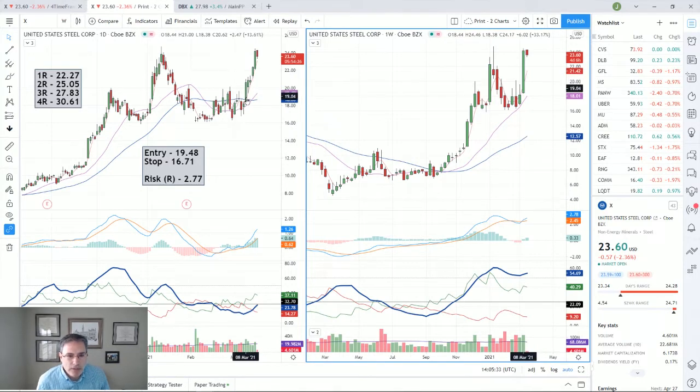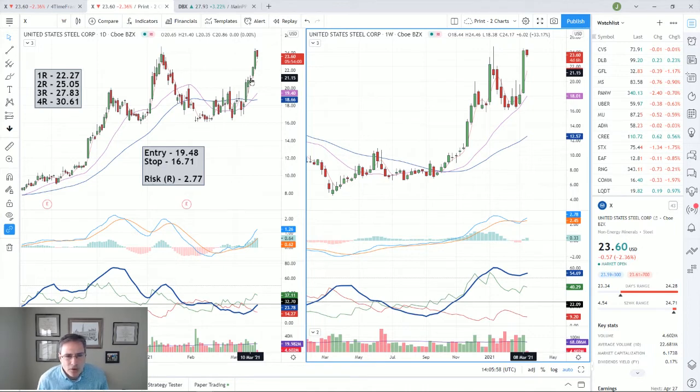And then what we do in this instance, because the monthly chart is not in an optimum position and it's not the type of situation where we have a little bit of pullback risk on the monthly, in essence, we're going to immediately go to break even and raise our stop to our entry point at 19.48 as soon as it hits 22.27.